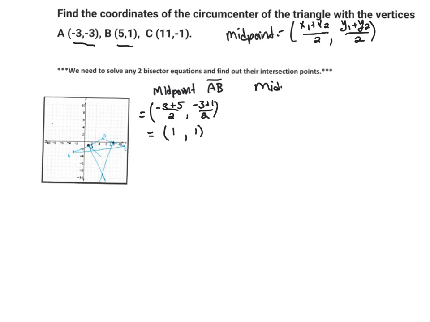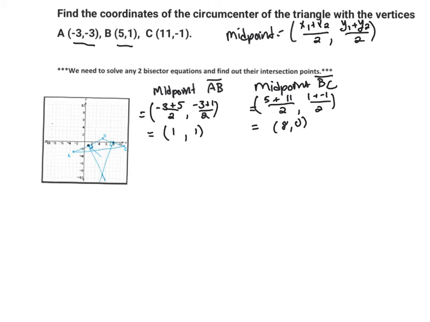Now let's also find the midpoint of BC. So B is 5, 11, over 2, and then we also have 1 plus negative 1 over 2. Therefore, that midpoint is going to be 8, 0.